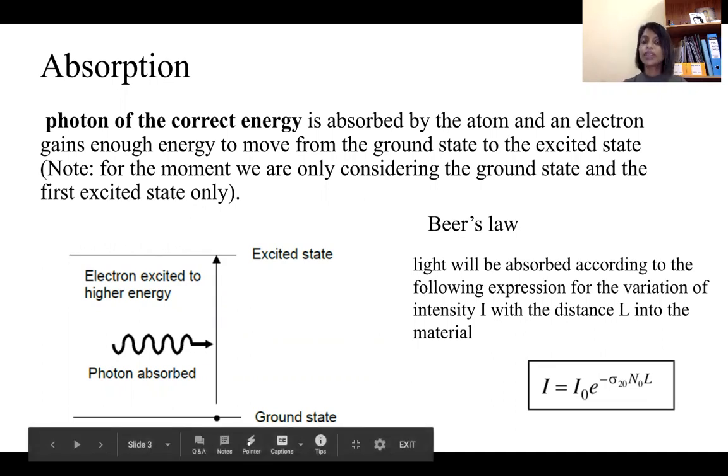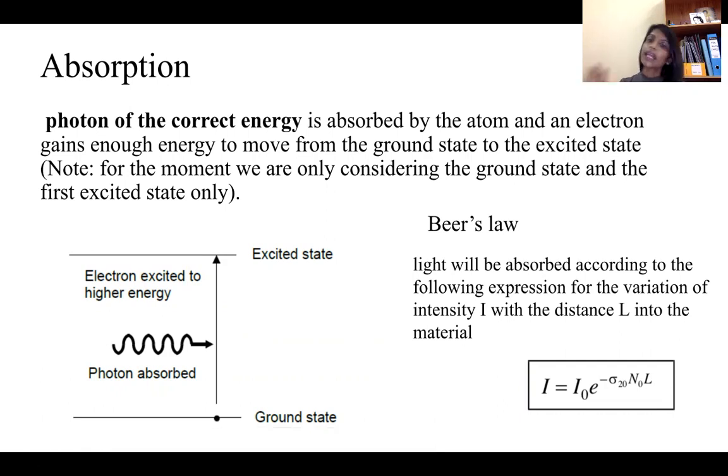What really happens is, in the atom, there are electrons orbiting around the nucleus, and these electrons can gain this energy and jump into a higher energy level from their ground state. That we call jumping from the ground state to an excited state. And to do that, the incoming photon should have that correct energy.